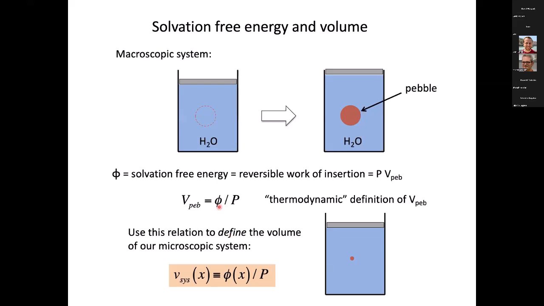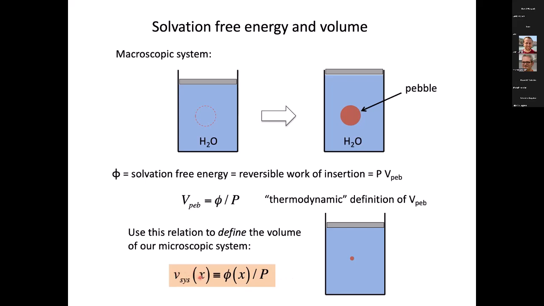I had the equation for it on the previous transparency. So for a microscopic system in water, it makes sense to define the volume thermodynamically rather than geometrically. So let me just put forward this definition. The volume of my molecule, when it's in a particular configuration or microstate X, is just going to be the solvation free energy associated with that microstate X divided by the pressure of the surrounding water.